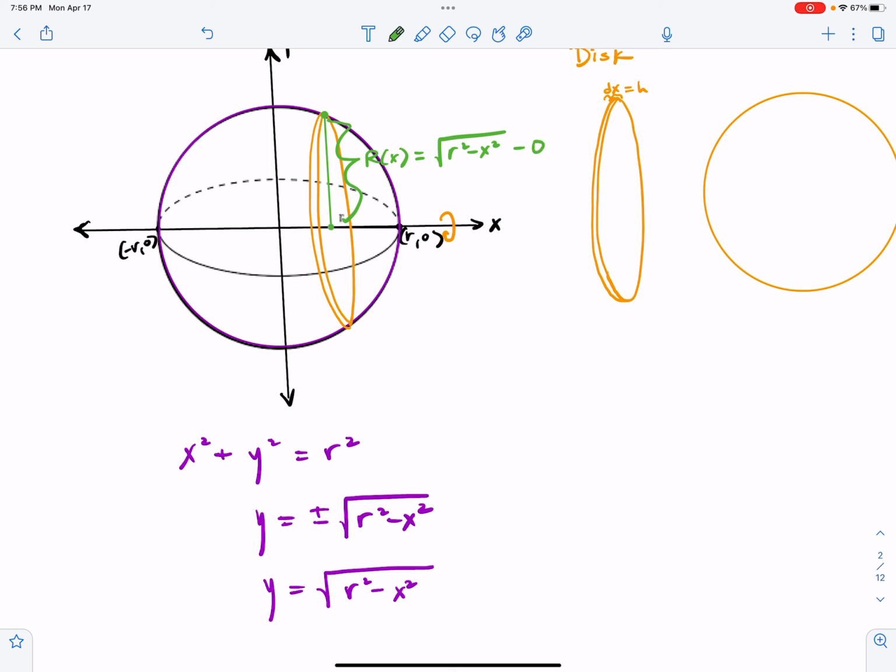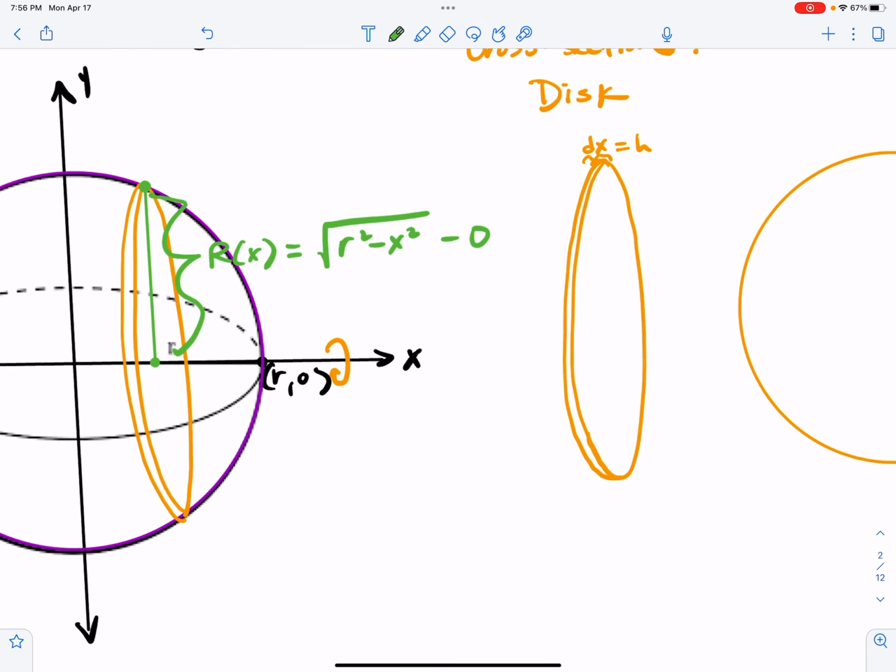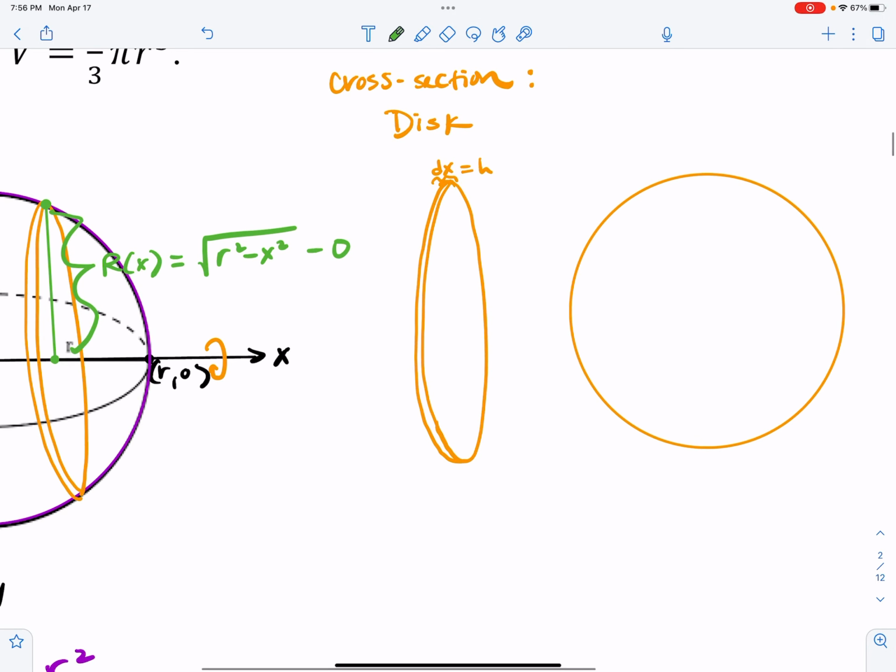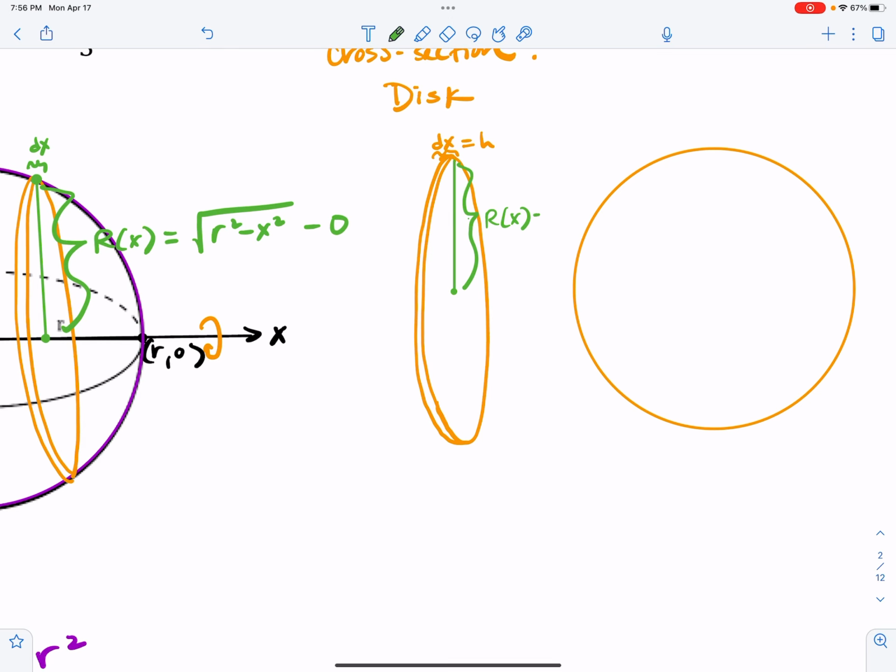And I'm just going to start doing that now so that it's not as big of a deal whenever we are rotating around a different axis. So in this picture, this is dx as well. Okay, so then over here, this is r of x, which corresponds to the radius of this slice.